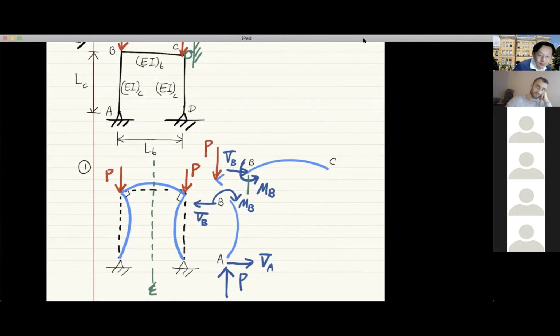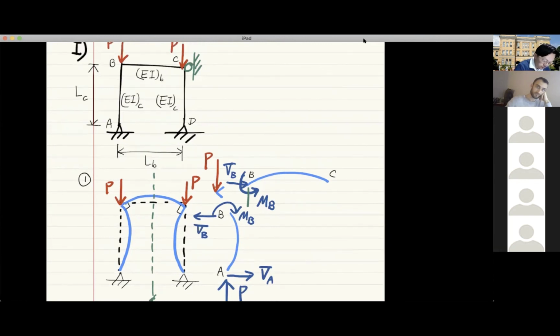In order to resist the moment MB, if you look at this one here, we have a moment going in this direction, right? And the force in here must balance the application of this moment MB.